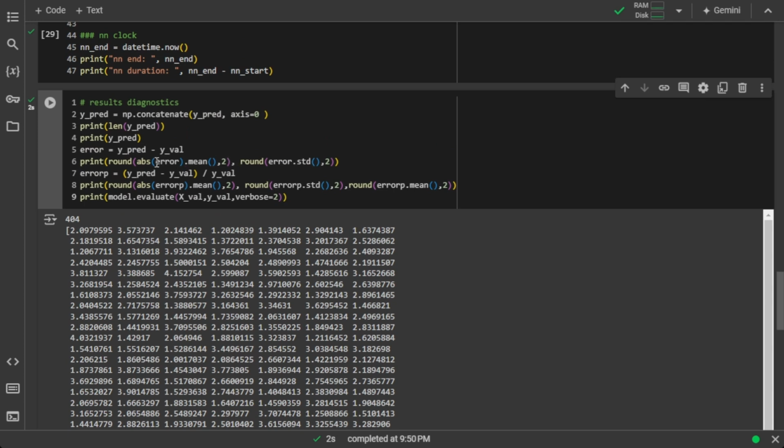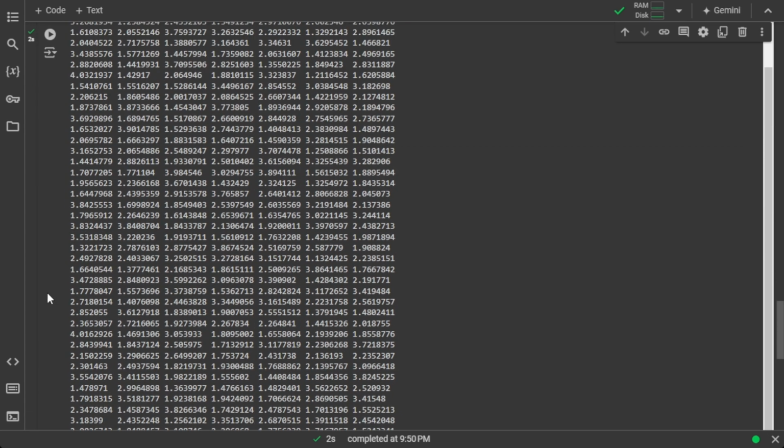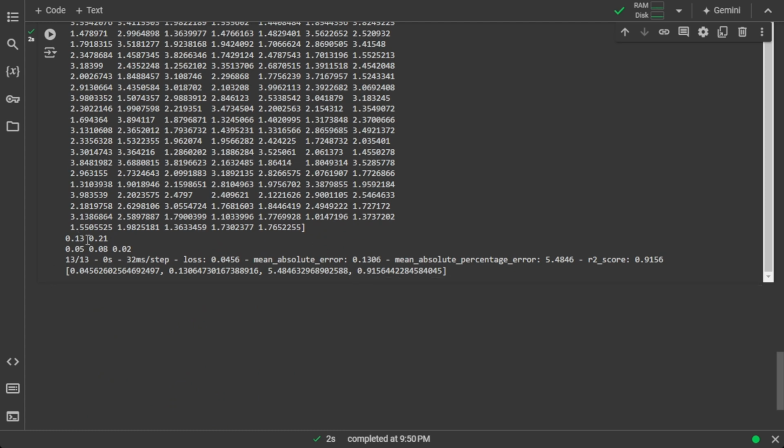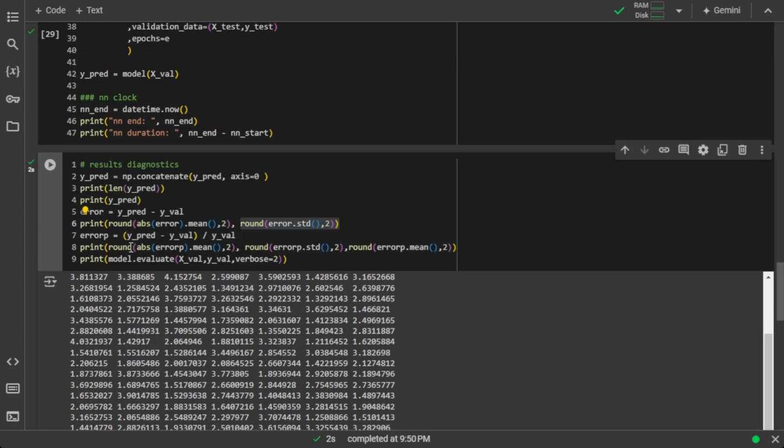So that would be your absolute error, mean absolute error, and your error standard deviation. Okay, for your first two, mean absolute error and error standard deviation. What else do we have? Absolute error, percentage mean error.